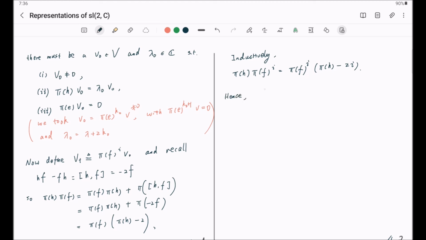Hence, if we apply pi of H to v sub i, we'll get first by definition pi of H applied to pi of F raised to power i applied to v naught. This is just from our definition.